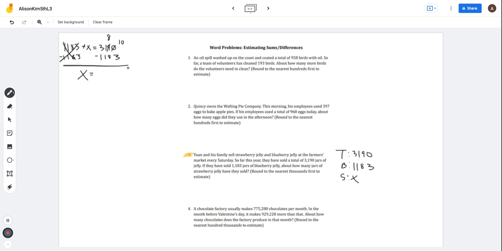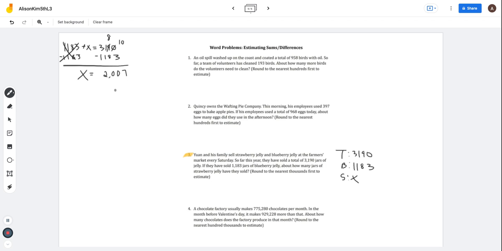Now we just subtract. 10 minus 3 is 7. 8 minus 8 is 0. 1 minus 1 is 0. 3 minus 1 is 2. So our exact answer would be that they sold 2,007 jars of strawberry jelly.